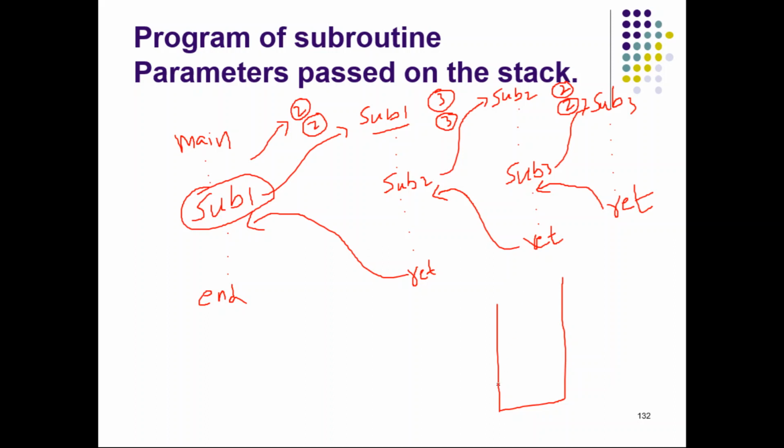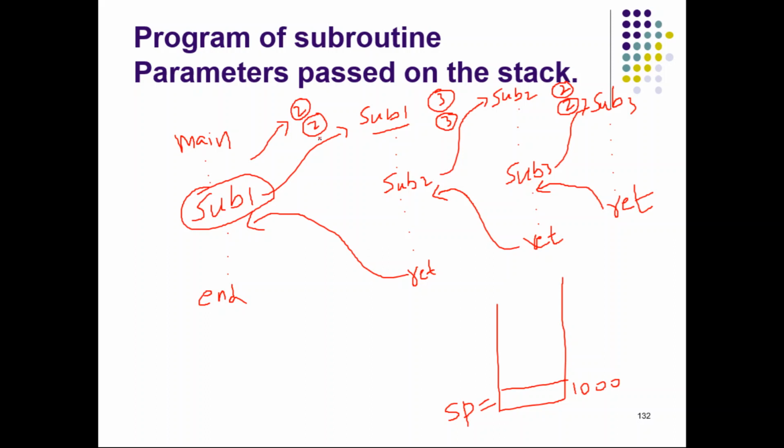So this itself, how many pushes will it do? 4 pushes. So originally, say the stack pointer is here, at location 1000. Then after pushing all these values, let us assume the word size is 4 bytes, so 4 pushes of 4 bytes each.